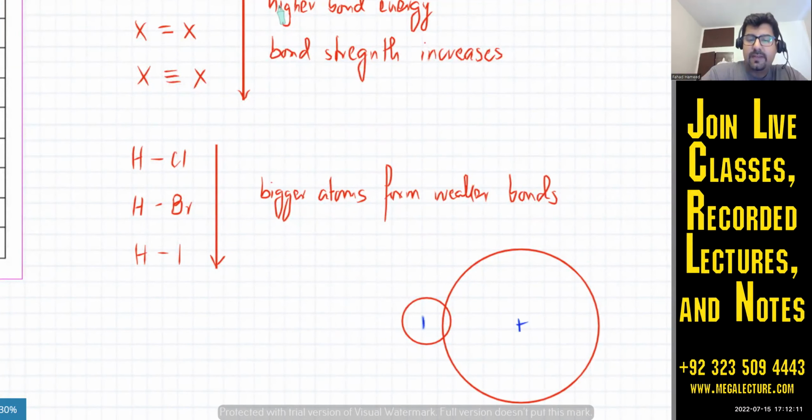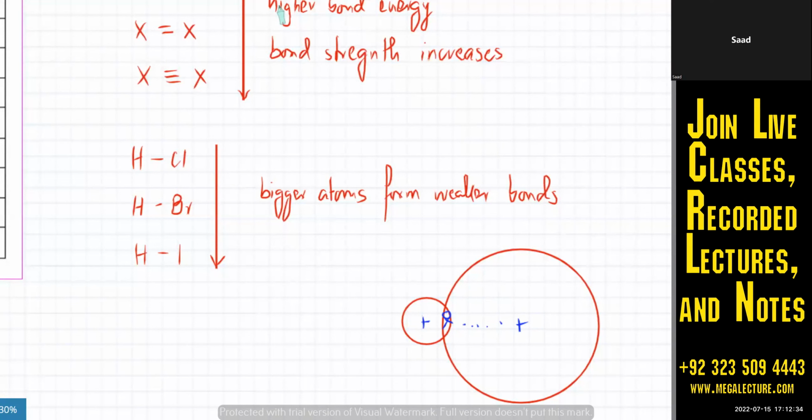So the distance between the nucleus and the shared electrons increases. Bigger atoms are always very far away from each other. Is that clear? So if distance zyada hoga, the attraction between the nucleus and the shared electrons would also be weaker. Do you get this point? Is this clear to everyone? Yes, sir.